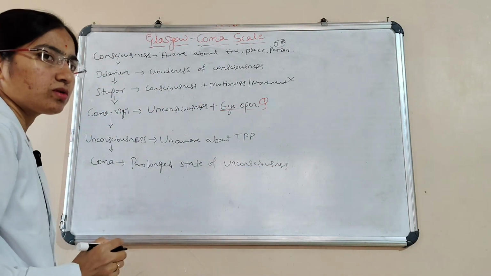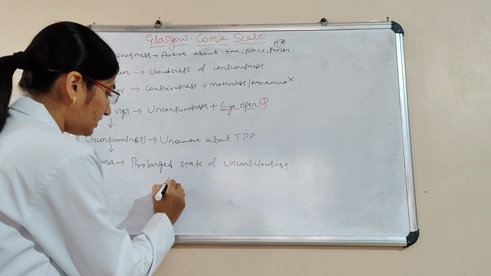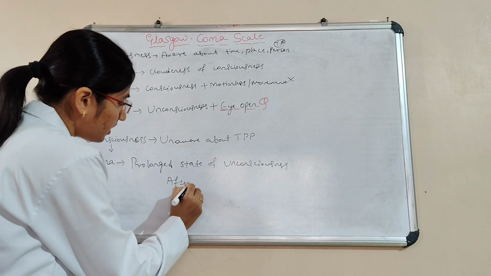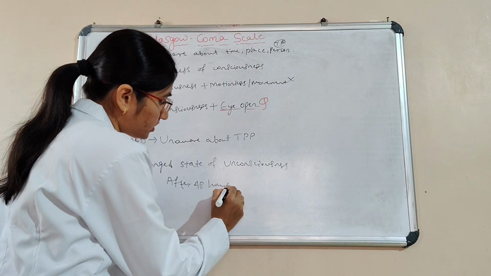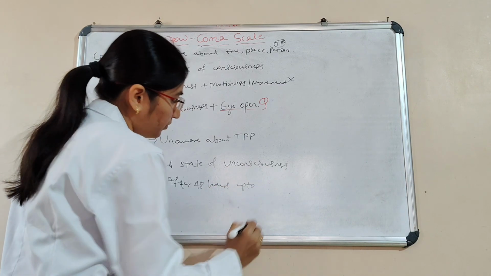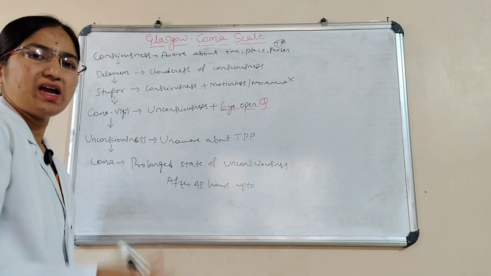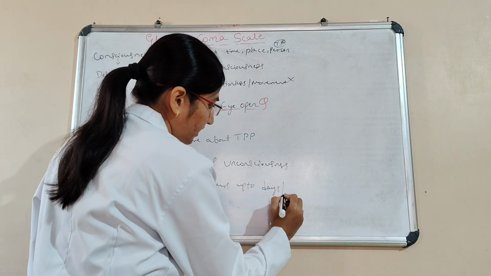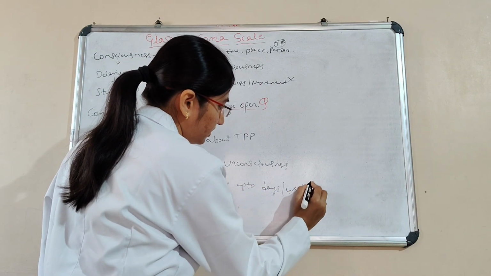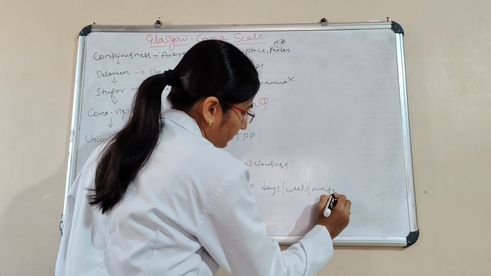Prolonged state is considered as after 48 hours, and it may take days, weeks or even months.